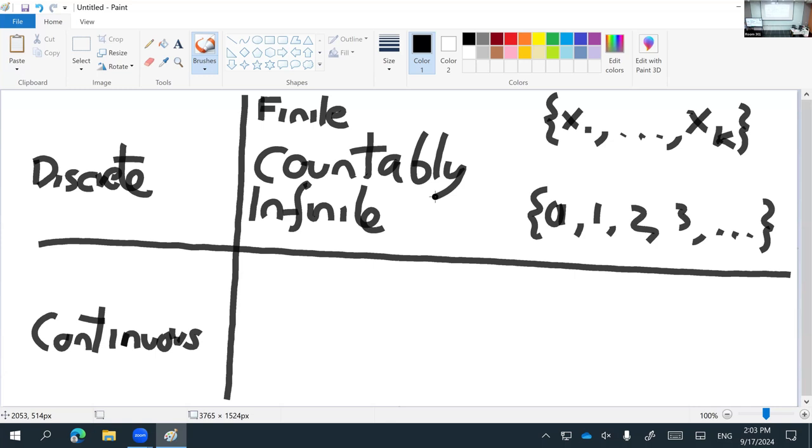Continuous. Well, continuous means it can be anything: 1.1, 1.11111, 1.1112, right? Any number. I'm going to make 3 categories. It's infinite, but it's bounded. So for example, it's no smaller than 0 and no bigger than 1.